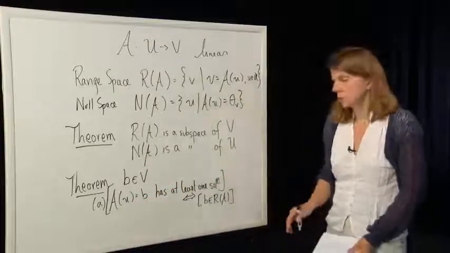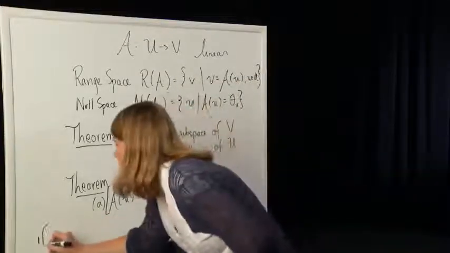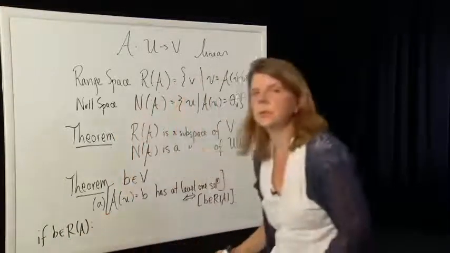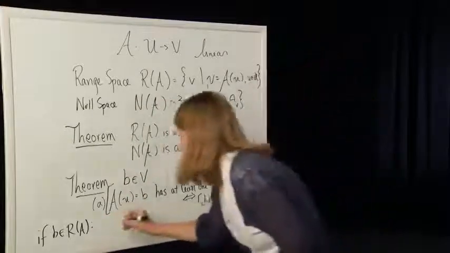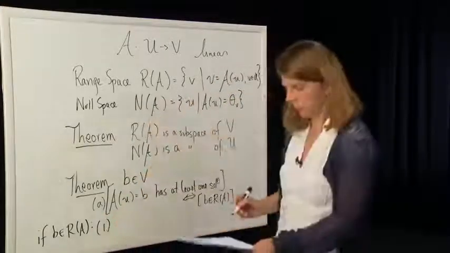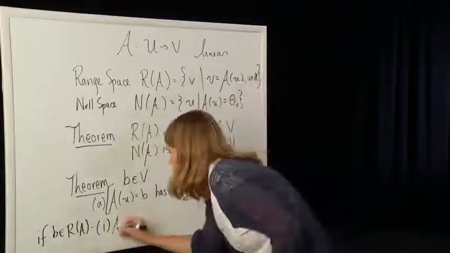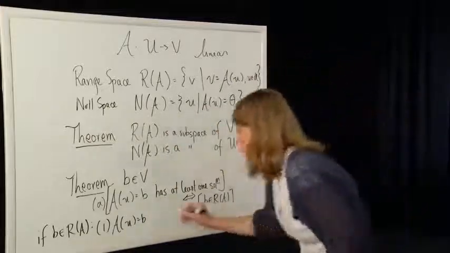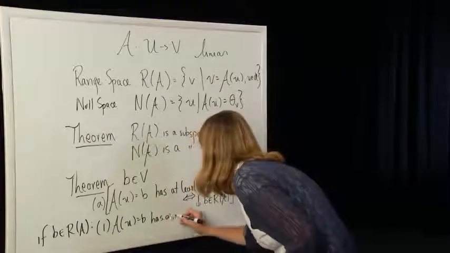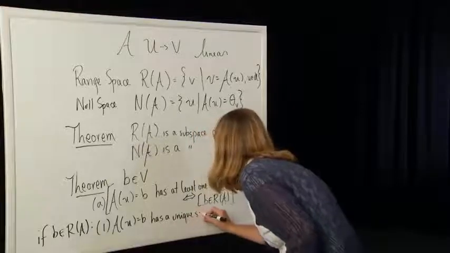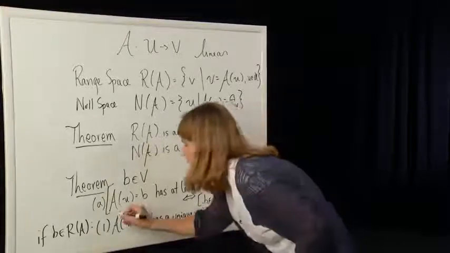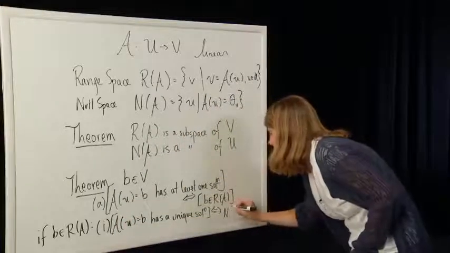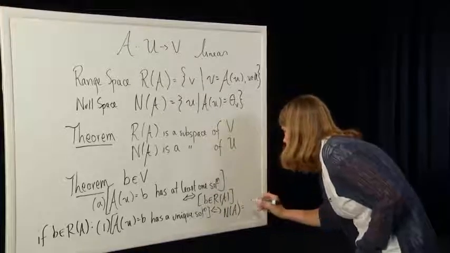Now, if B is in the range of A, then we can say two more things. First of all, and I'll write it down here at the bottom of the board, the linear equation AU is equal to B has a unique solution if and only if the null space of A is simply the zero vector.